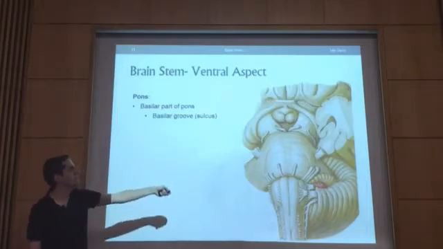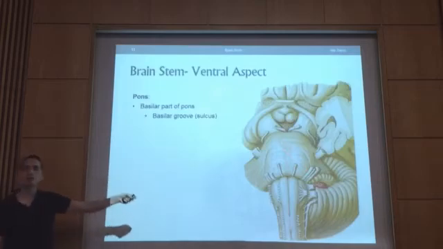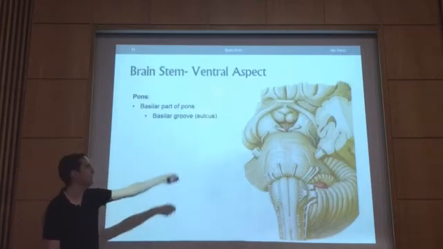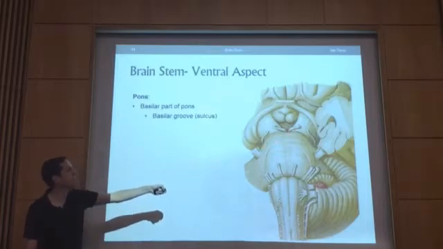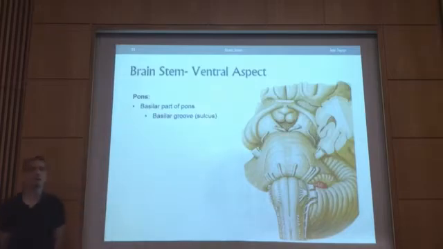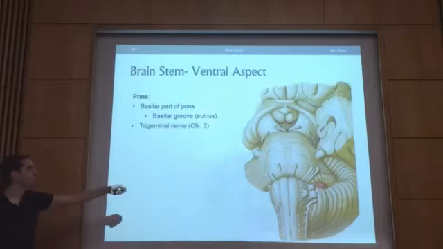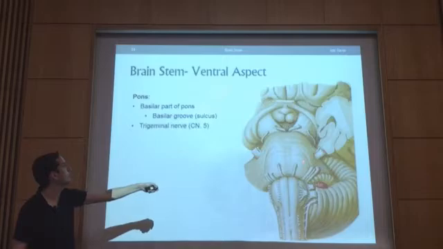And the basilar artery that goes along the middle of the pons leaves its impression on the middle of the pons and creates this groove. So this is why we have this groove or sulcus in the middle of the pons, and this is the basilar groove.